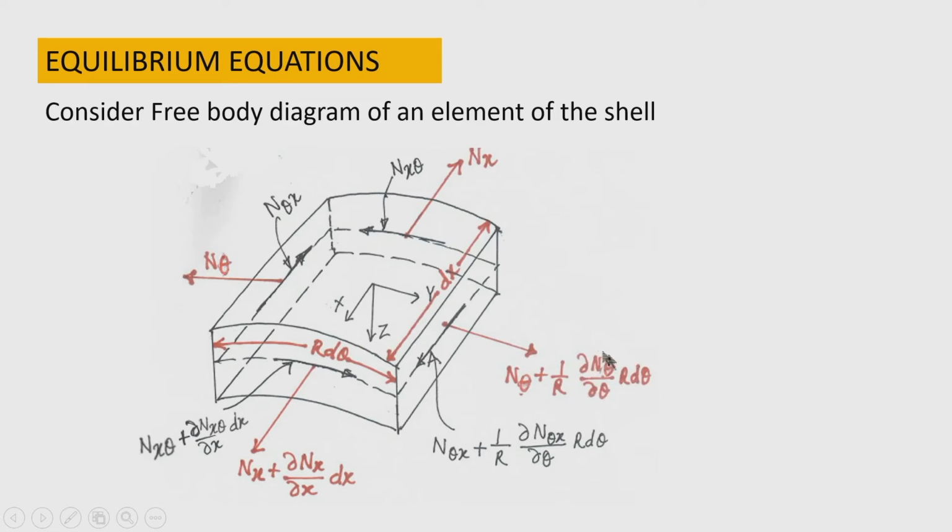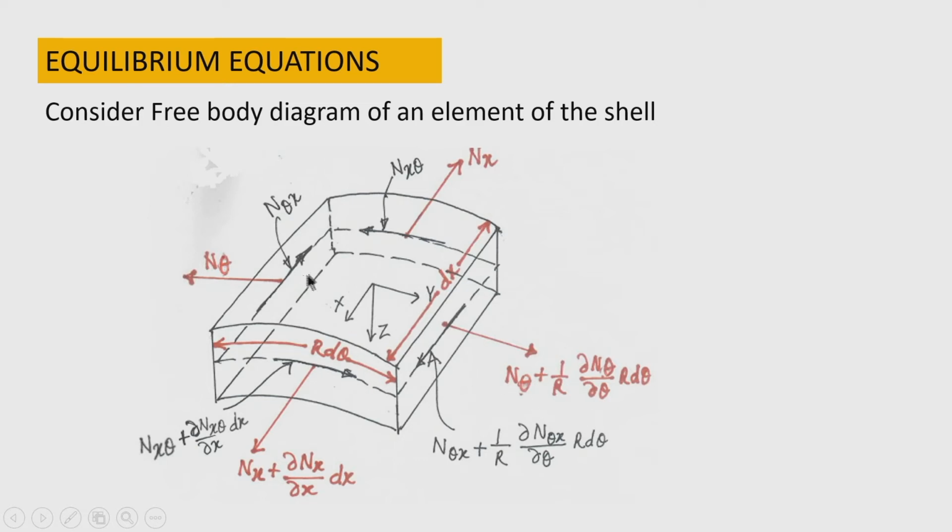How does this quantity come? You can see the variation is within the length of r d theta. So, del N theta by r del theta is taken, and the length over which it varies is r d theta. So, it is multiplied by r d theta.